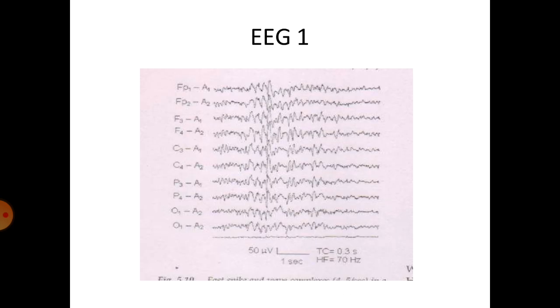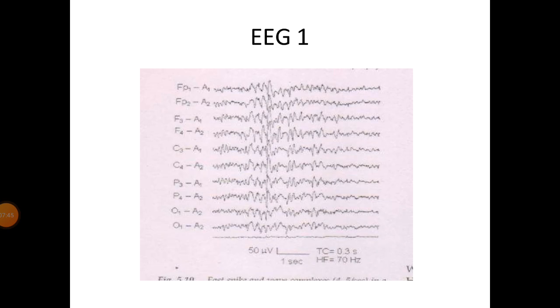This is the waveform of EEG. Here F means frontal lobe, C means central lobe, P means parietal lobe, O means occipital lobe.